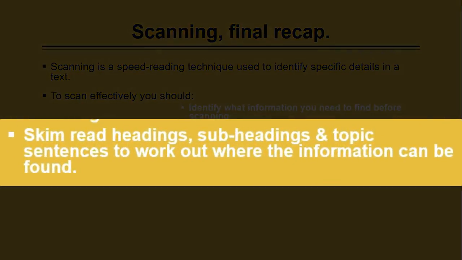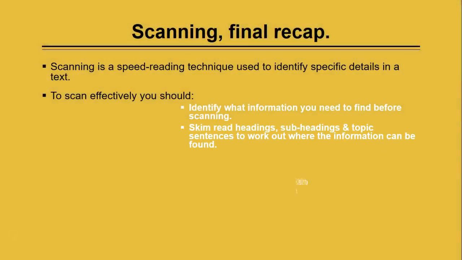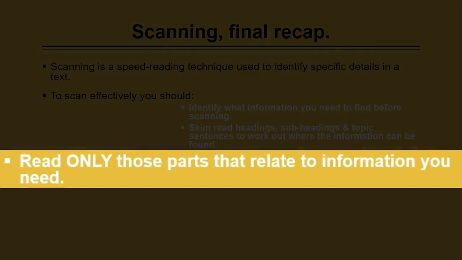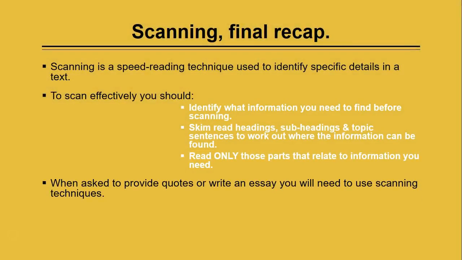You then need to employ your skim reading skills and read the headings, the chapter headings, the titles, the subheadings and topic sentences to work out whereabouts in the text the information that you need is most likely to be found. Once you've done that, you need to read only the parts of the text that relate to the information that you need. Ignore everything else. If it doesn't relate to what you've been asked to look for, ignore it. You need to be really selective and really discriminating when you're scan reading.